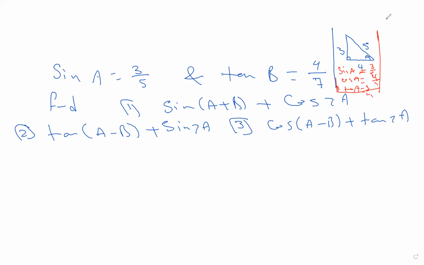The other triangle is tan B equals 4 over 7. This is B, and these are 4 and 7.